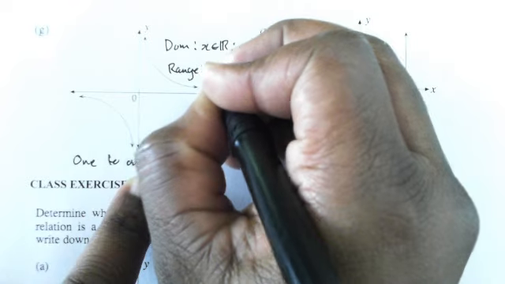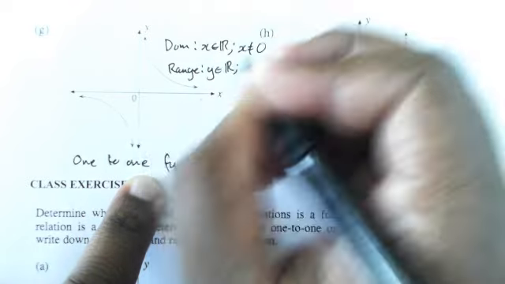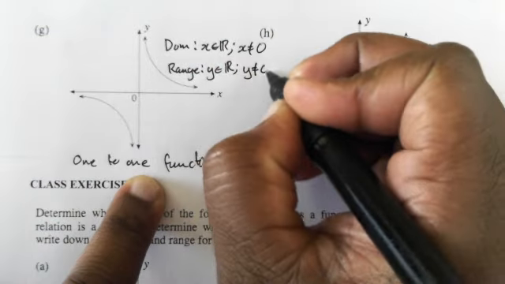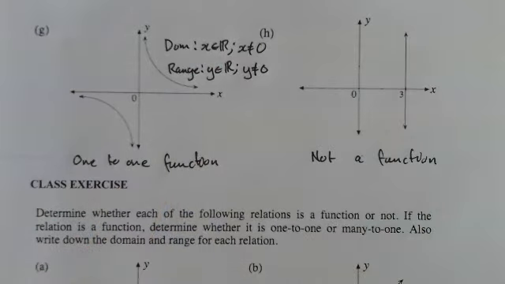And for the range, y can be any real number, but our y asymptote is 0, so y cannot be 0. But h is not a function, so there's no domain and range to talk about.